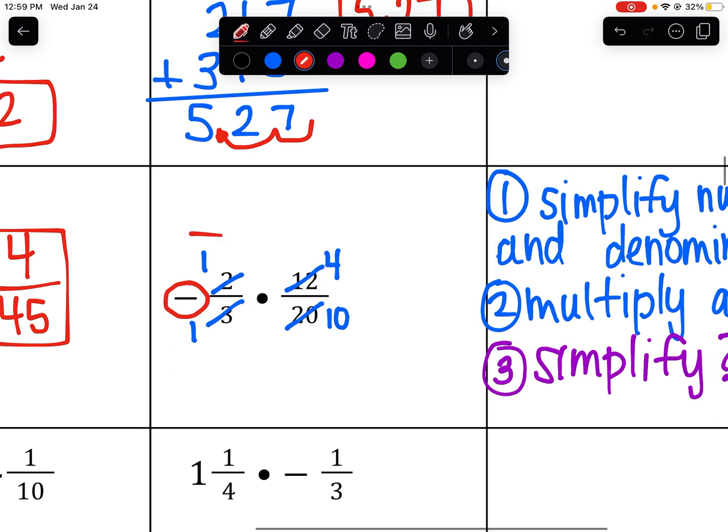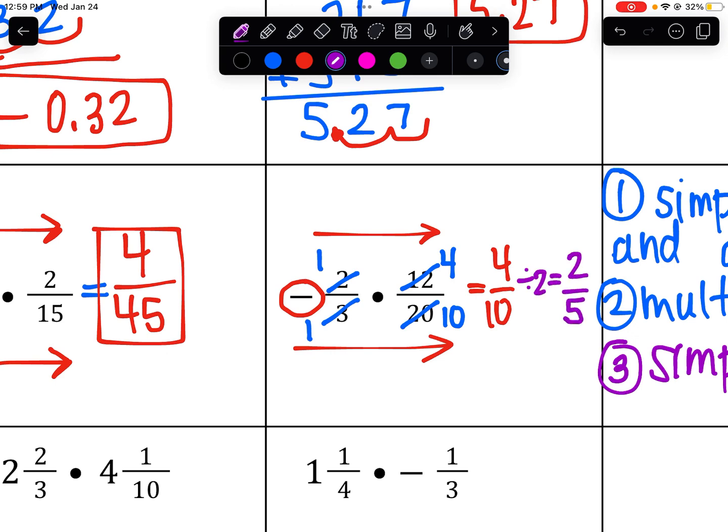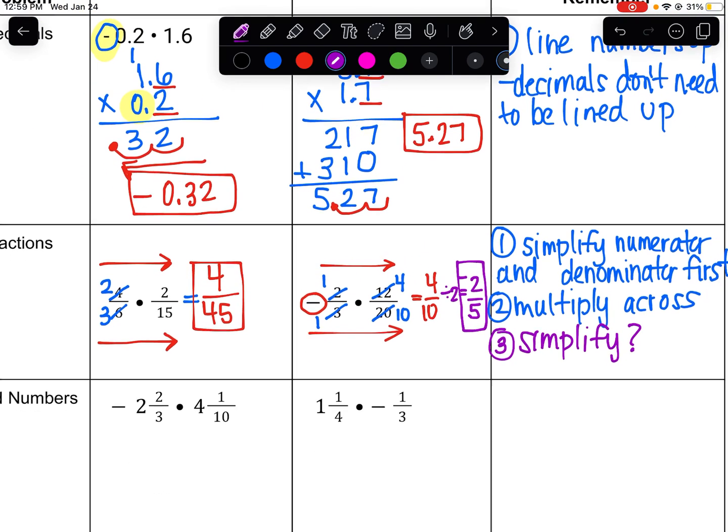Let's say you multiply across and you got 4 here and 10 here. 4/10 has a common factor of 2, so this is part of that simplifying. So I could divide both by 2 and get 2/5. Now don't forget about that negative sign back at the front. I have 1 negative and 1 positive, so my entire answer needs to be -2/5.